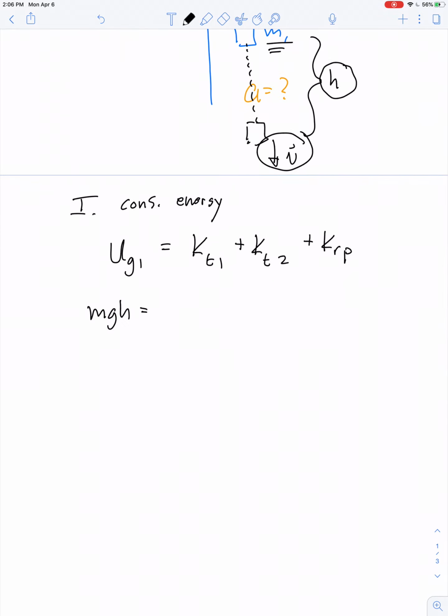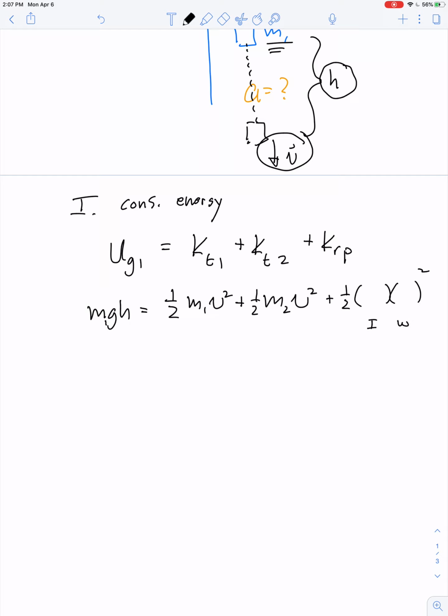So mgh, which is M1 times gh, is equal to 1/2 M1 v squared plus 1/2 M2 v squared plus 1/2 I omega squared.